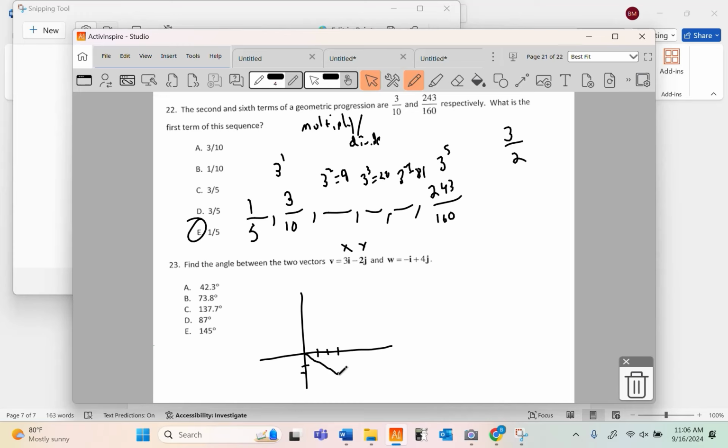Looks a little bit like that. There's some formulas for this too. And then vector w is negative i plus 4j, which means it goes back 1 and rises 4. Back 1, rises 4. Looks like that. What we want to know is what this angle is right here. What is that guy?